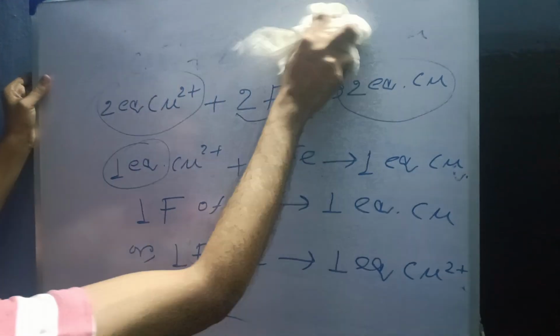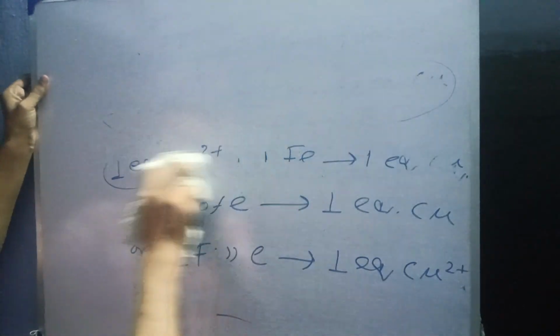So keep in mind that 1 Faraday of electrons produces 1 equivalent of any substance.